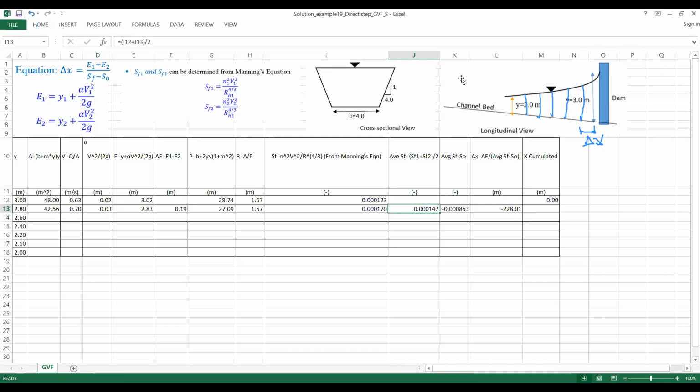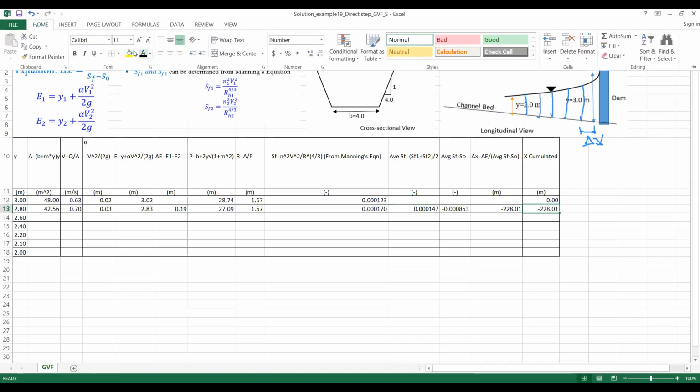That's because flow is going from left to right in this direction, but we are calculating delta X from right to left. It's like we are going in this direction. That's why that is negative. And if we add this one, we will have the cumulative delta X.